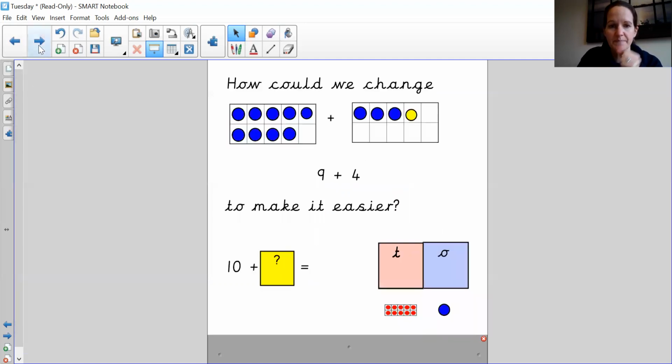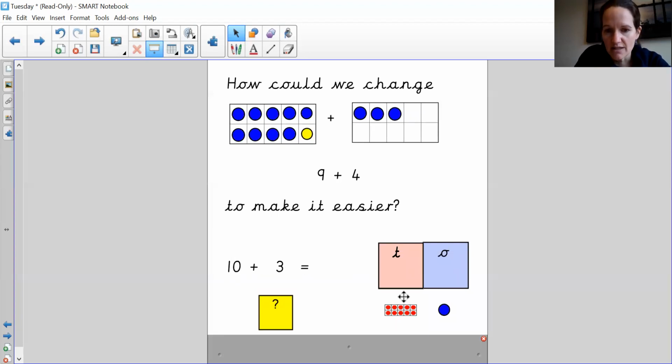So let's do another one. How could we change 9 plus 4 to make it easier? So I've got my 9 and my 4. I'm going to take one of my counters and move it over here. So now I have made a base of 10. And how many do I have left over here? 3. So I've now done 10 plus 3.